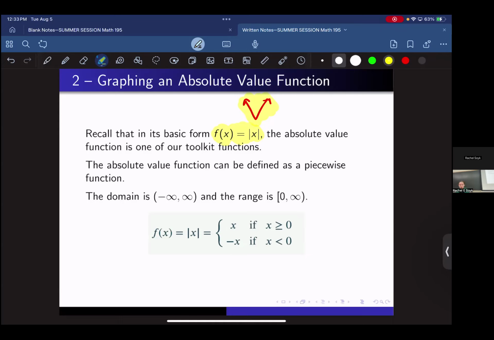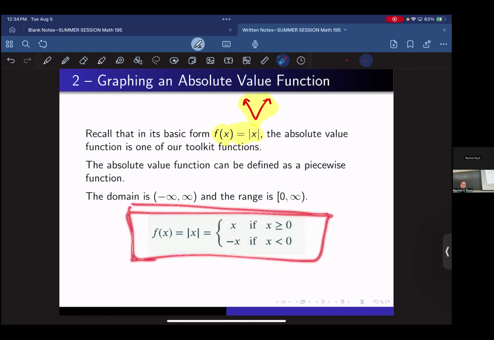And so absolute value is really represented as a piecewise function because you're dealing with your negative x values and you're also dealing with your positive x values, but your y values will always remain positive. And so how do we represent this as a piecewise function?